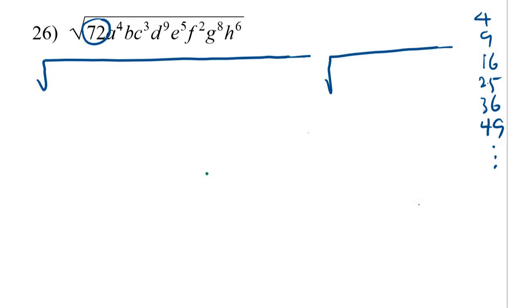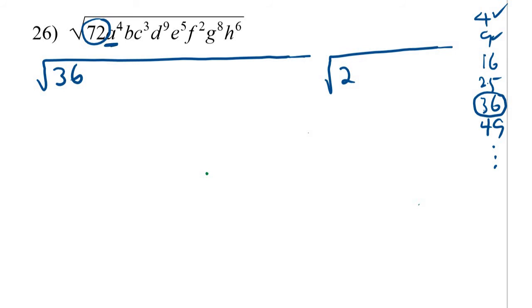If I try to use a perfect square to break 72, I could use 4, but that's not the largest one. I could use 9, that's not the largest one. But the largest one I could use is 36. So I have to put 36 here. And 36 times 2 makes 72, so I write the 2 over here.